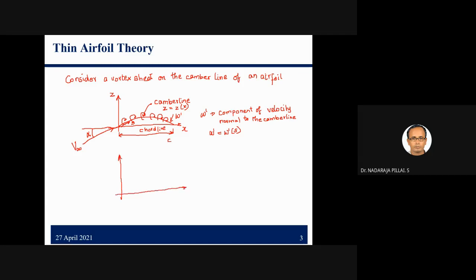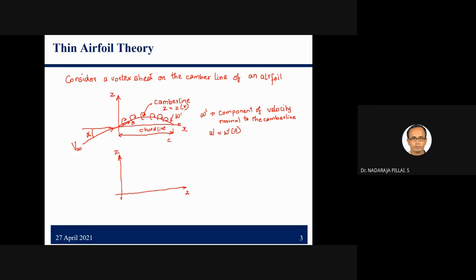I make some assumption here. This is X and Z. The distribution of the vortex sheet over the surface of the airfoil, when viewed from a distance, looks almost the same as the vortex sheet placed on the camber line. That is our basic idea.